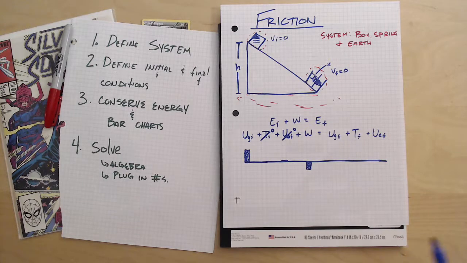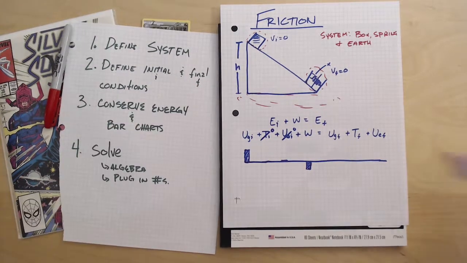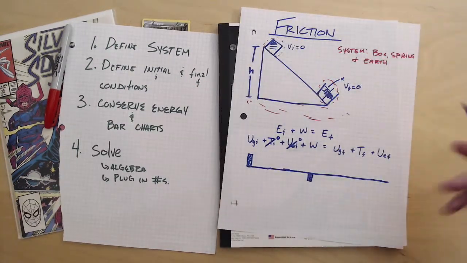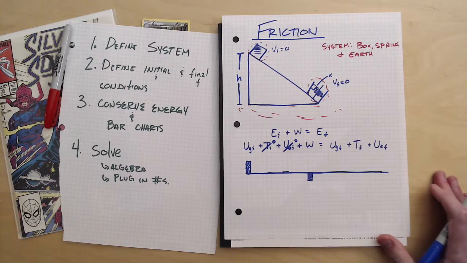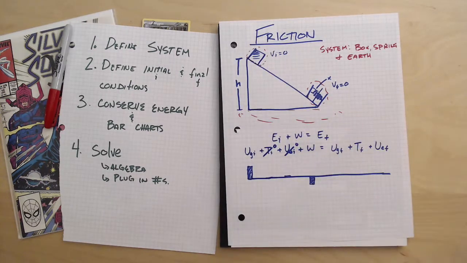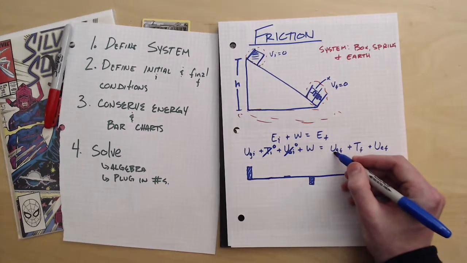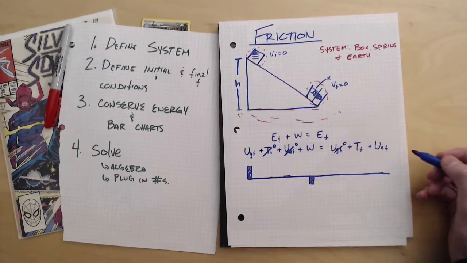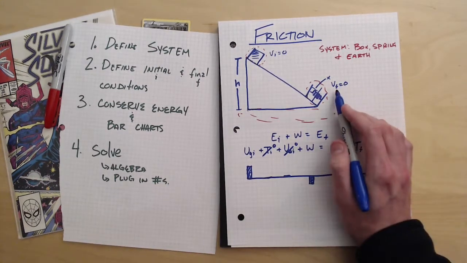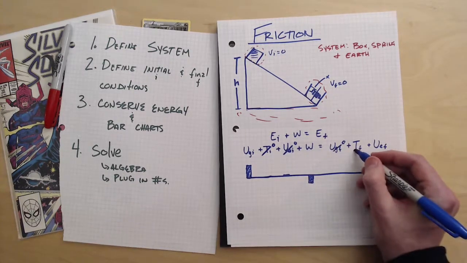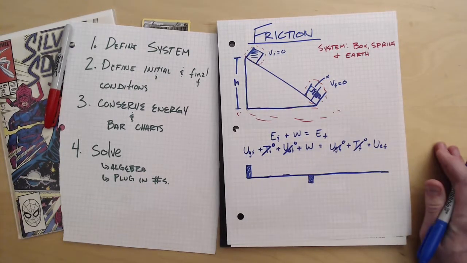And now we can look at our final situation. We said that the box was compressed, and it's all the way at the bottom, and the box is also not moving when it's compressed the spring entirely. So if we're at the very bottom, there's not going to be any gravitational potential energy. If we're at the bottom and the box isn't moving, there can't be any kinetic energy either.